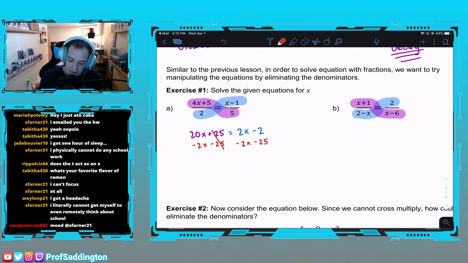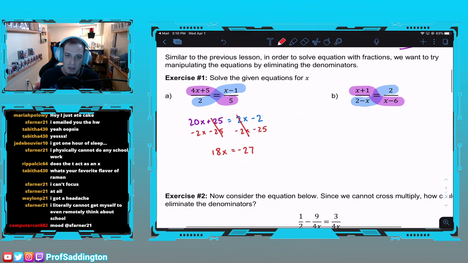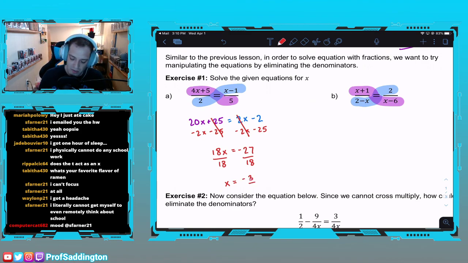So the 25's cancel out, the 2x's cancel out, and we're going to be left with 18x is equal to negative 27. And then we just divide both sides by 18 to get that x all by itself. So in this case, x is going to be equal to, if we simplify that down, negative 3 over 2.